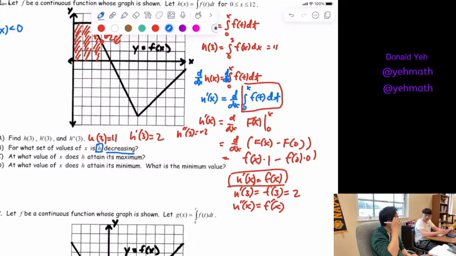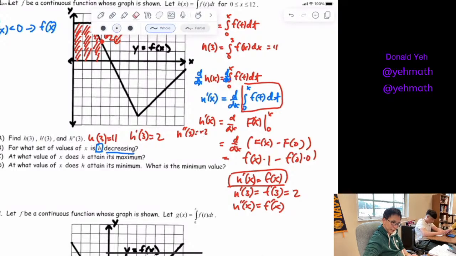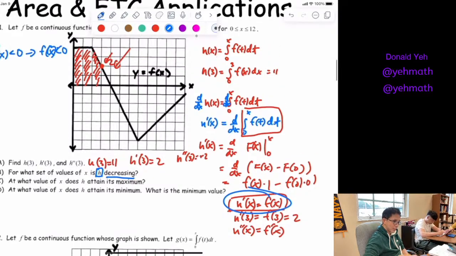Is that okay? That implies f of x is less than 0, because remember this, right? That means this is less than 0. So this is the f of x graph.